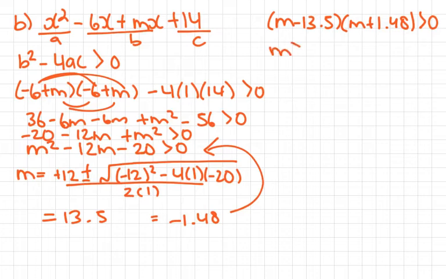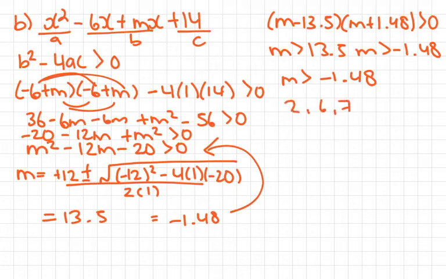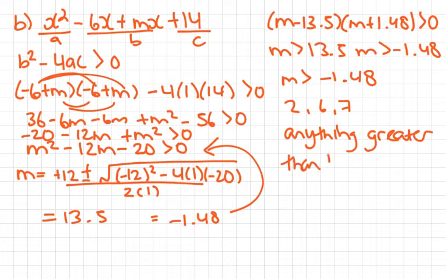So m has to be greater than 13.5, and m also has to be greater than negative 1.48. So, as long as my slope is greater than 1.48, this line will have 2 points of intersection. So you can choose any value for m, like 2 or 6 or 7, anything greater than 1.48 will give you the slope for 2 points of intersection.